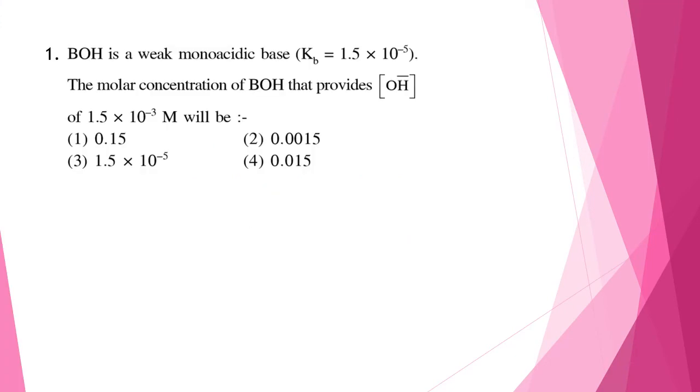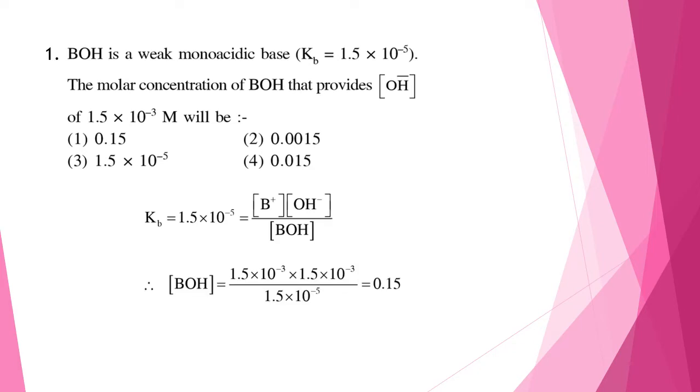Question 1. BOH is a weak monoacidic base. It is given Kb is equal to 1.5 into 10 to the power minus 5. The molar concentration of BOH that provides OH negative of 1.5 into 10 to the power minus 3 moles will be. Now we know that Kb will be equal to B plus into OH negative divided by BOH.